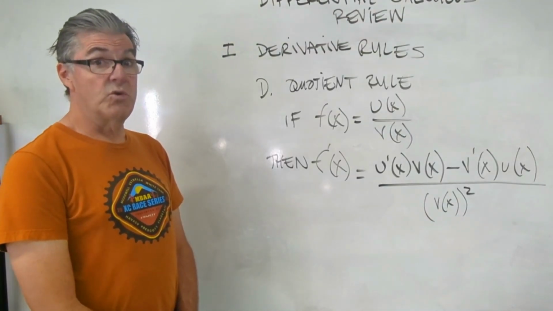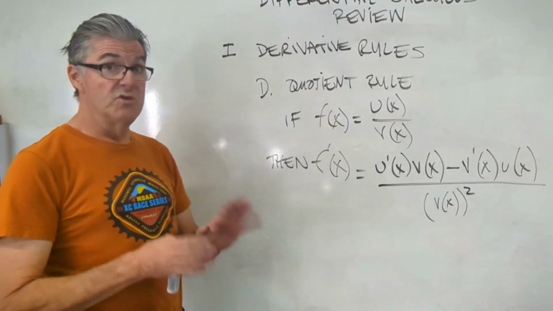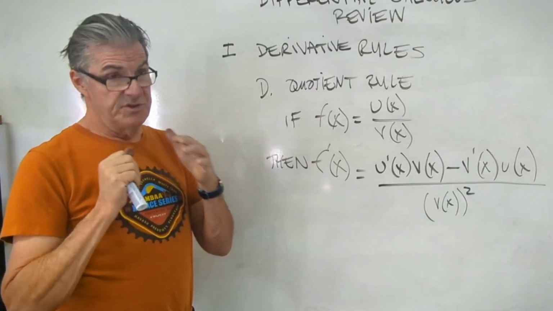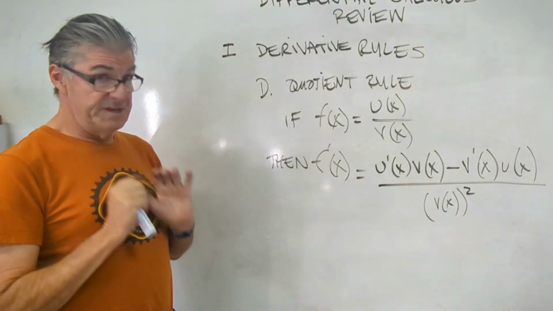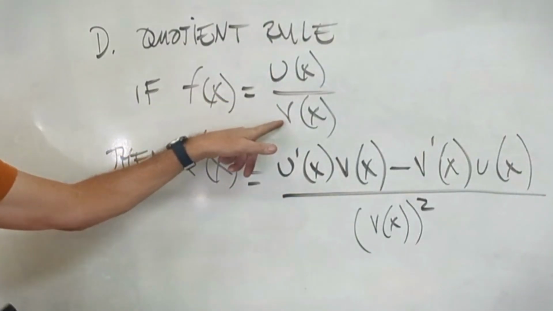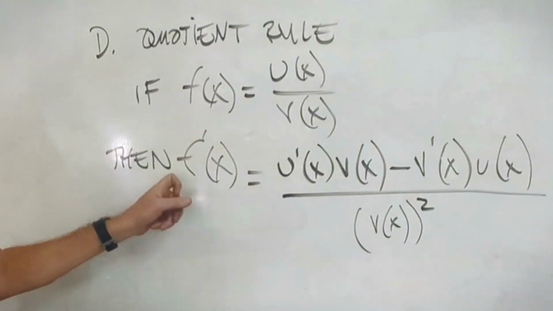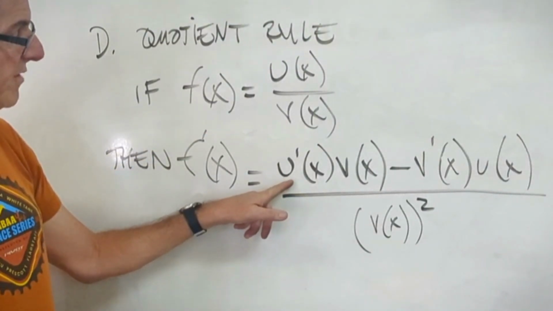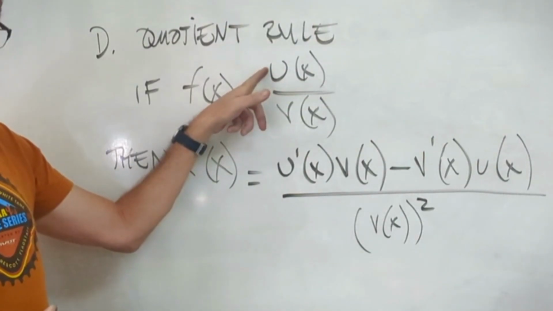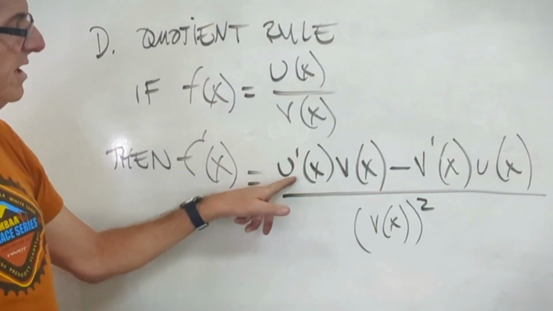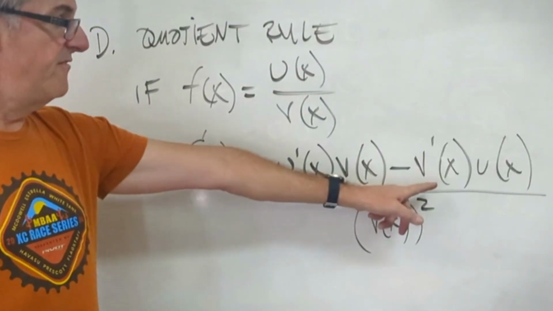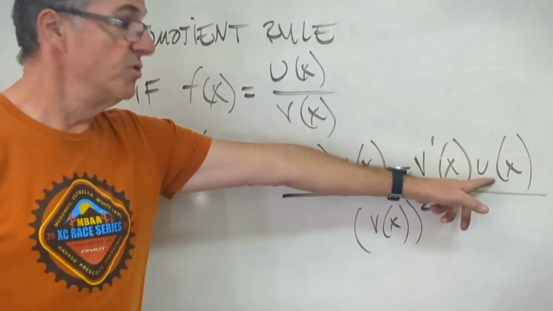Okay, let's look at the quotient rule. This one is the most tricky. It starts off fairly similar to the product rule, but you have to be careful. So my quotient here is one function divided by another. That's our f of x. Then f prime of x is going to be the denominator times the derivative of the numerator, that's u prime, minus the derivative of the denominator times the numerator.